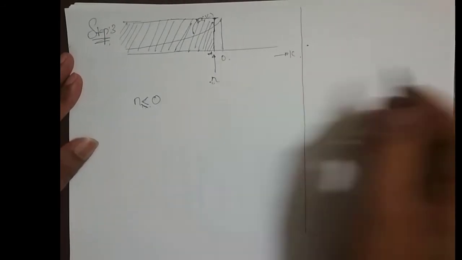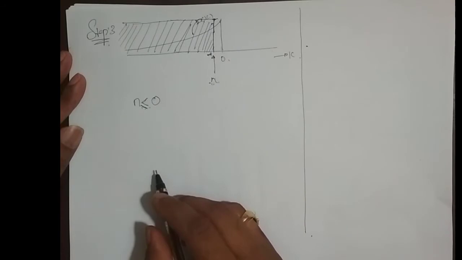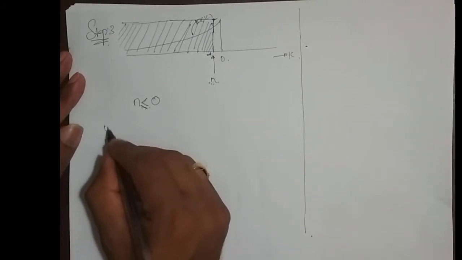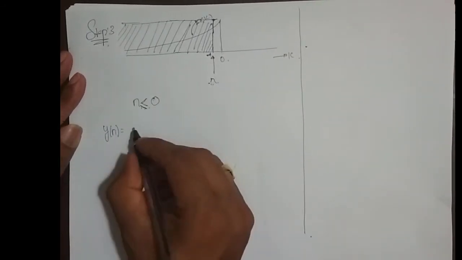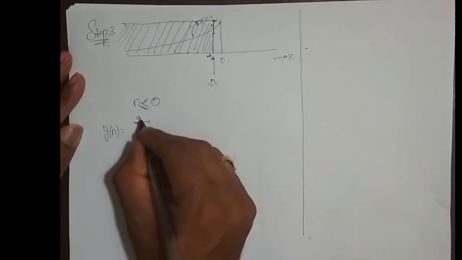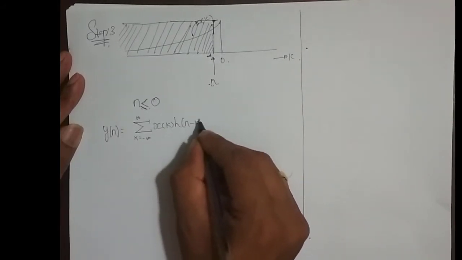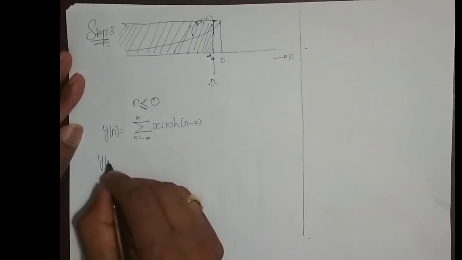In the next region I will exclude this 0 part. So when n is less than or equal to 0, y of n is equal to summation k varying from minus infinity to infinity of x of k h of n minus k. This is as per the convolution sum equation.